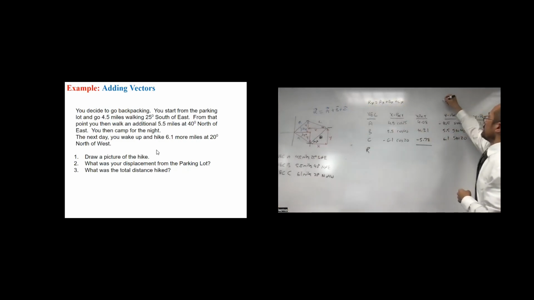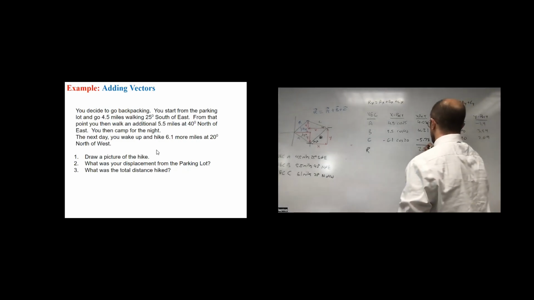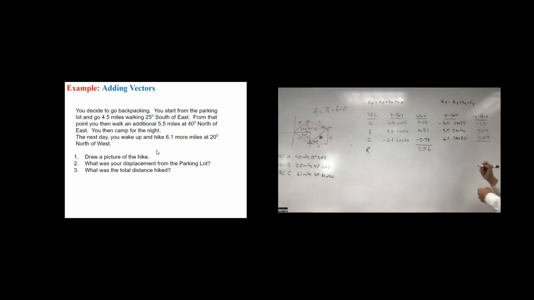And Ry, while you're punching into your calculators, is Ay plus By plus Cy. So what do we get for Rx? This is 2.56. And what do we get for Ry? 3.73.